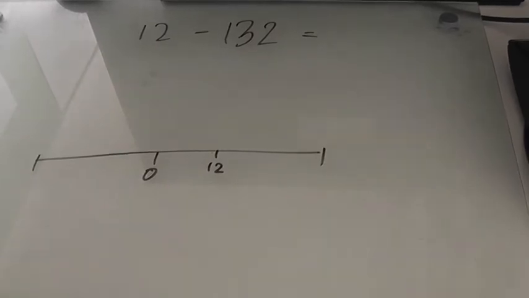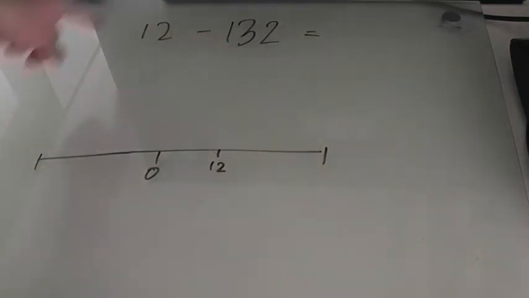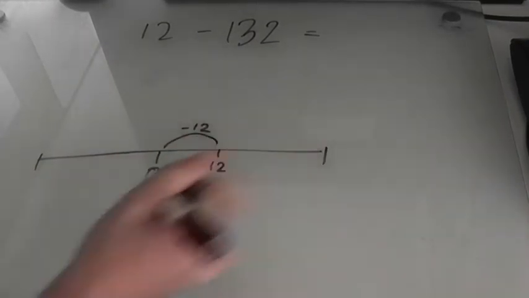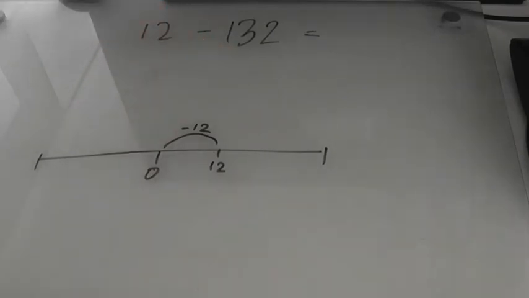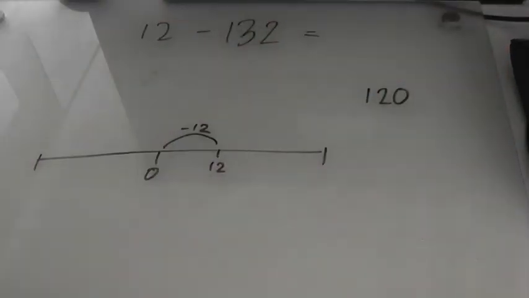Okay, here's another example of what I was just talking about. We've got 12 take away 132. We'd want to do 132 take away 12 because that'd be easy, but unfortunately that's not what's being asked. So first of all, we want to get down to 0. So take away 12. What does that leave us? If we do 132 take away 12, that leaves us with 120, doesn't it?